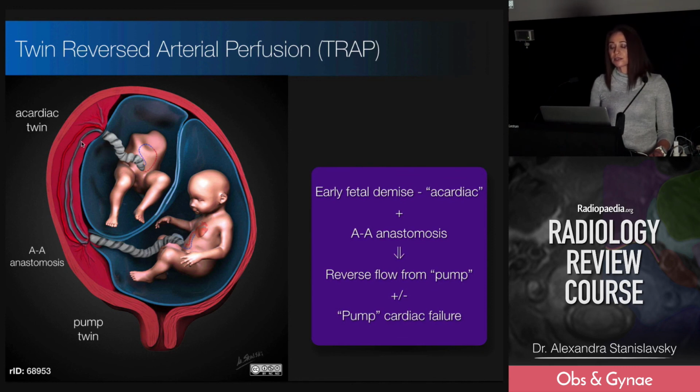There will be retrograde flow through these arteries towards this baby, of deoxygenated blood. So the well twin is pumping extremely hard to support a non-viable twin. And then the heavily deoxygenated blood will flow back towards this baby, causing further cardiovascular compromise.